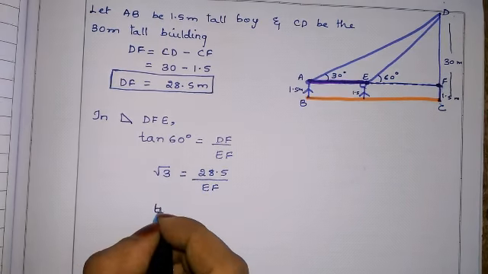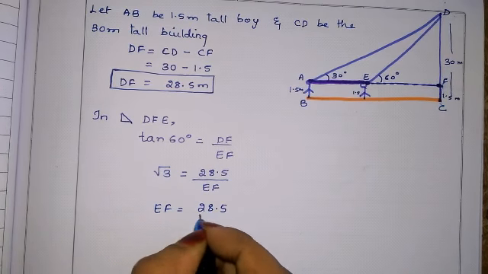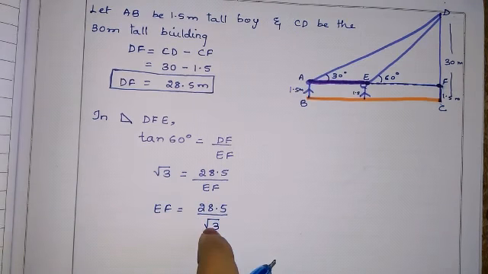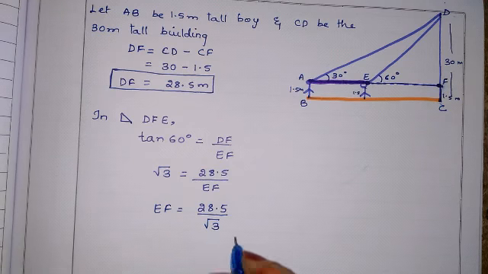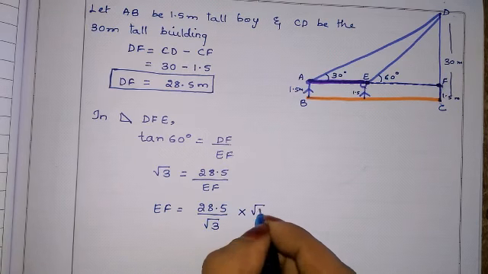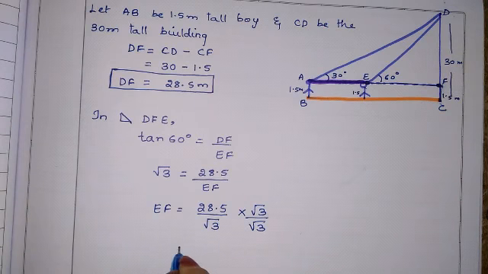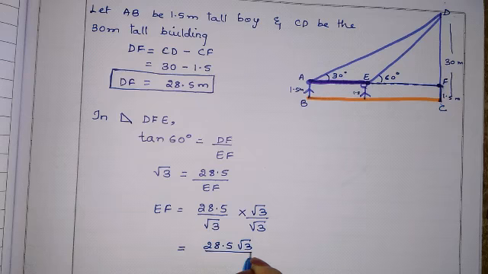EF is equal to 28.5 by root 3. We rationalize the denominator by multiplying by root 3 upon root 3, so we get 28.5 root 3 upon root 3 into root 3.